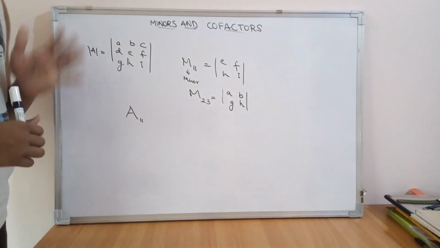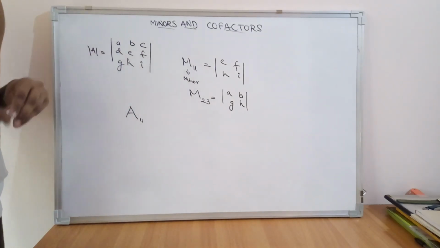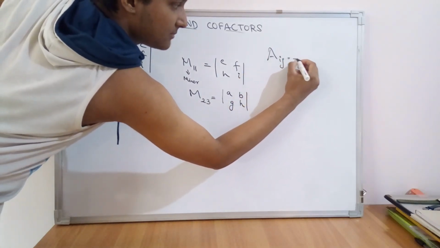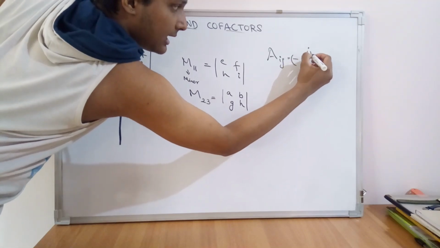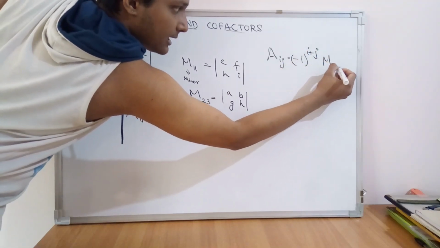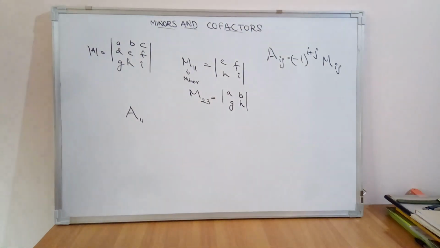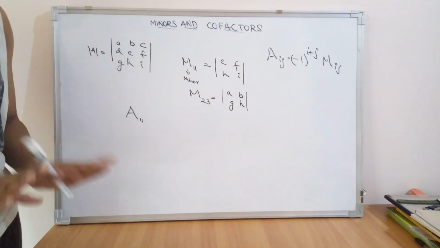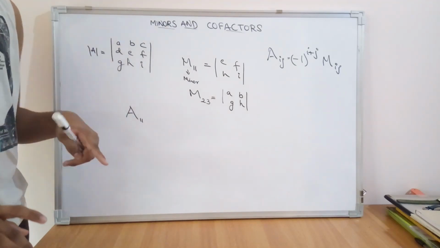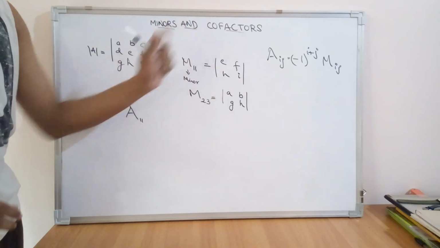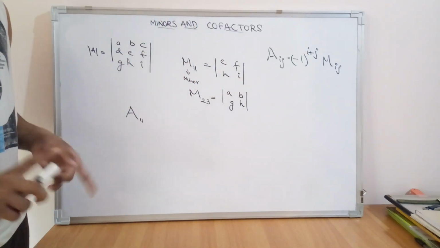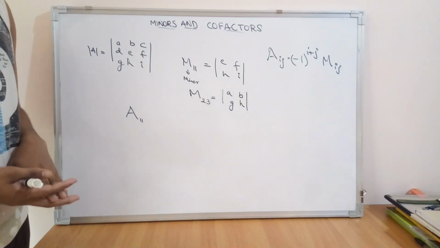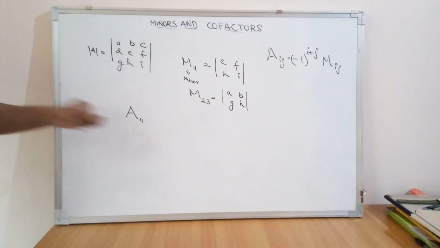The definition of a cofactor: Aij is minus 1 raised to i plus j times Mij. That is, the cofactor of the element in the ith row and jth column is minus 1 raised to i plus j into the corresponding minor Mij.